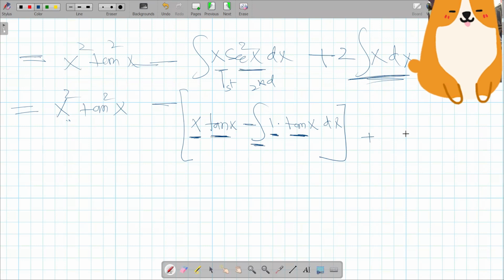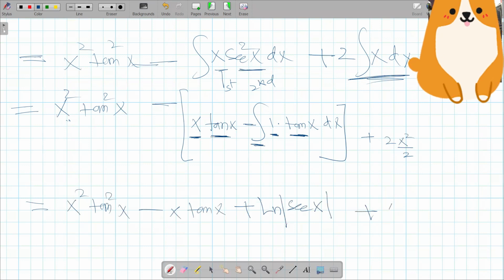And yeah, the integral of tan x is ln sec x, is it not? Yes. Okay, so you are done. x tan x, minus, can be multiplied inside, so this will become plus. You said that it is log of sec x, plus x squared.